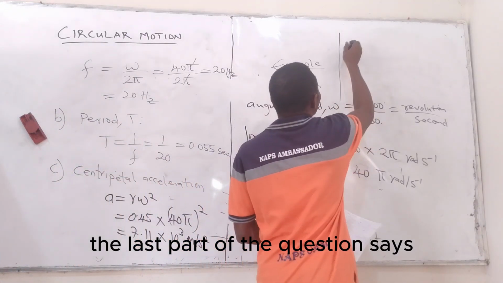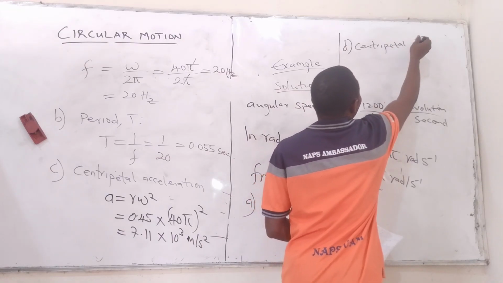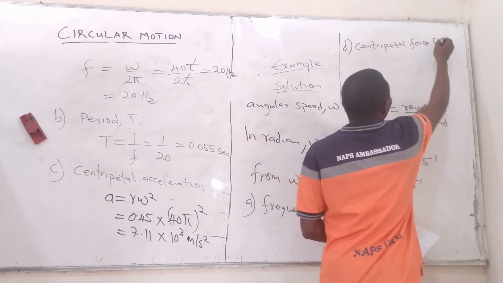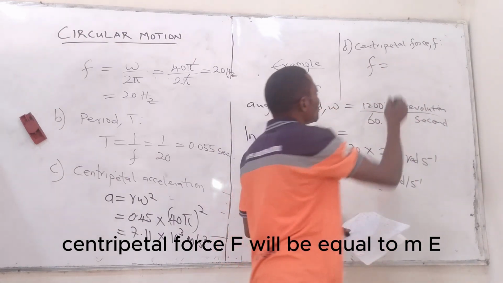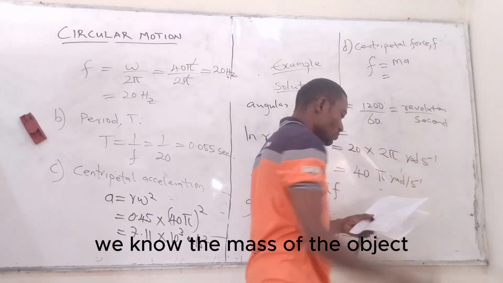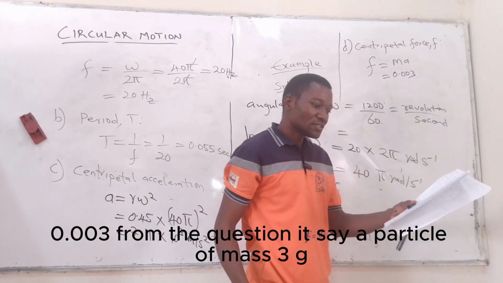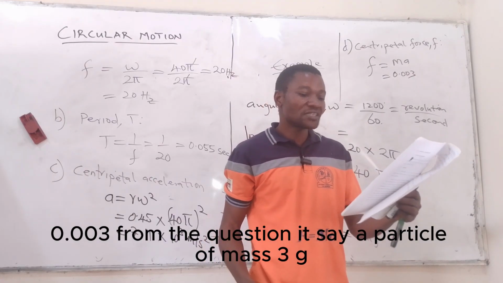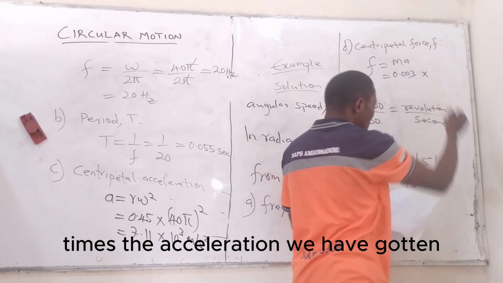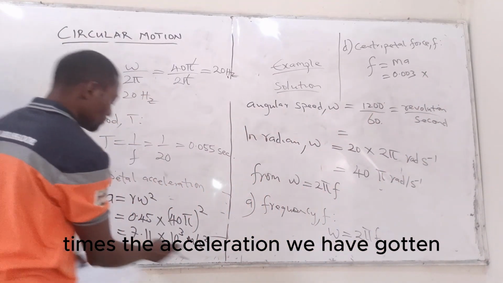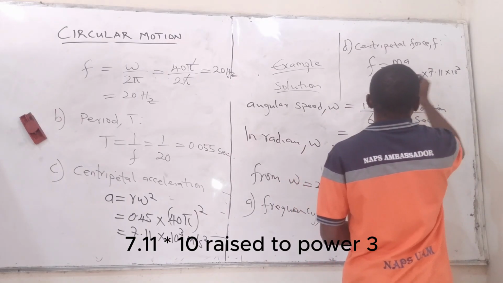The last part of the question says we should find the centripetal force. Centripetal force F will be equal to ma. We know the mass of the object, 0.003, because the question says a particle of mass 3 grams, so we convert the gram to kilogram, times the acceleration we have gotten, 7.11 times 10 raised to power 3.